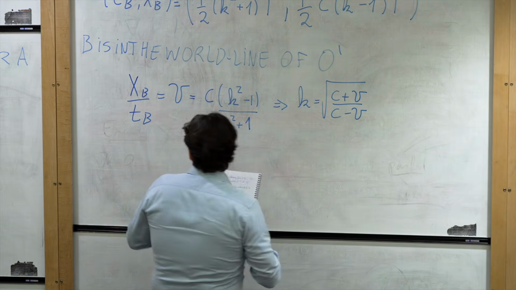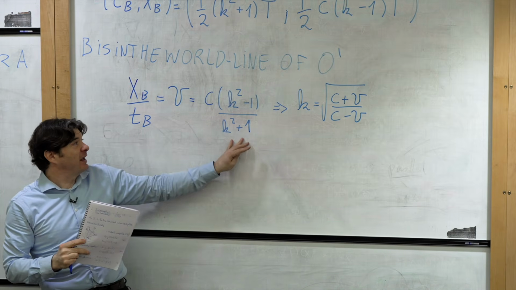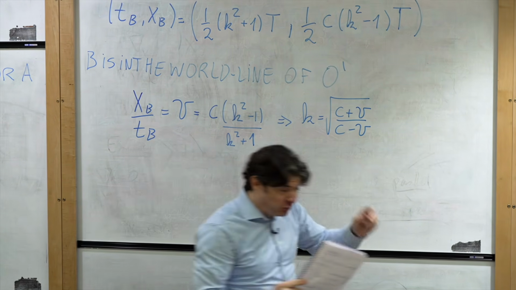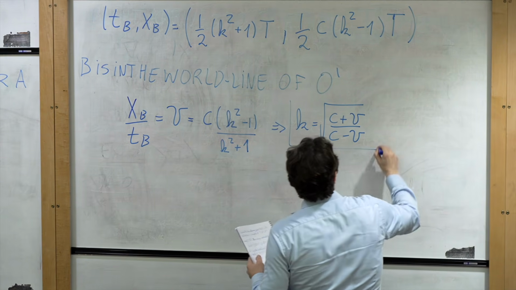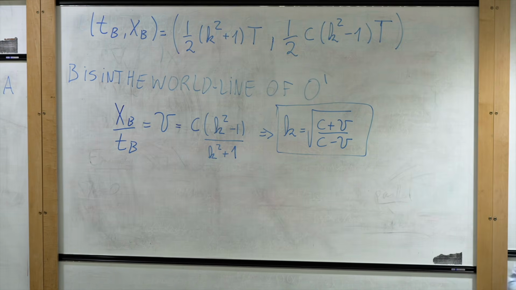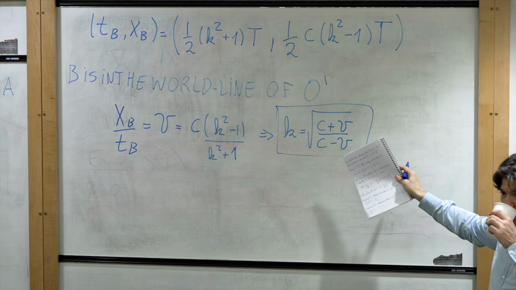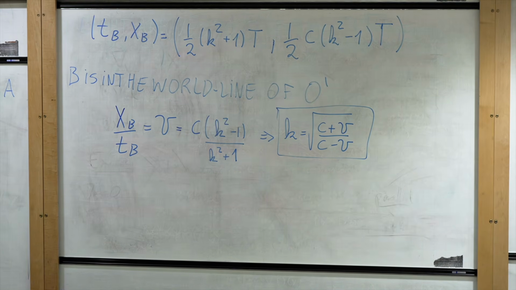Good. So because of this, we have this beautiful relation between k and v, and we can deduce this. Going back to your question, the precise statement is that k is given by this. Now I can answer the question more precisely.